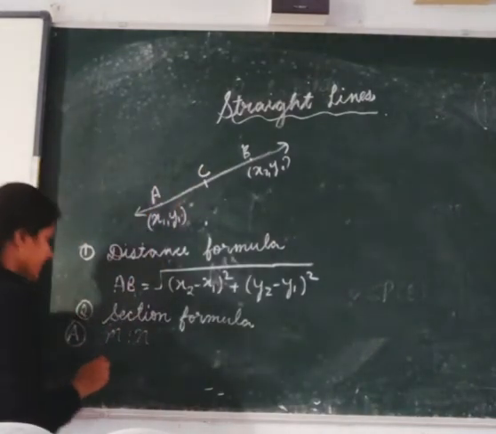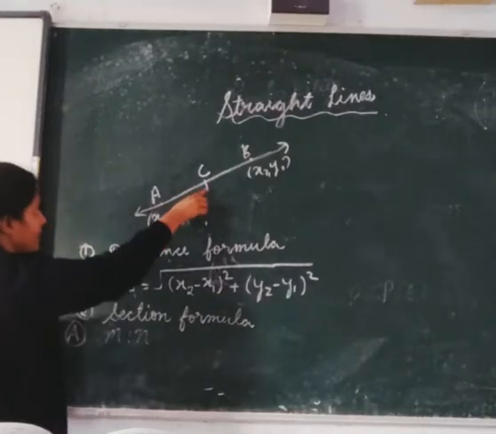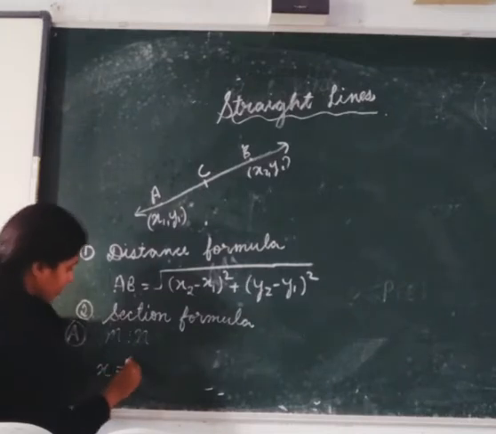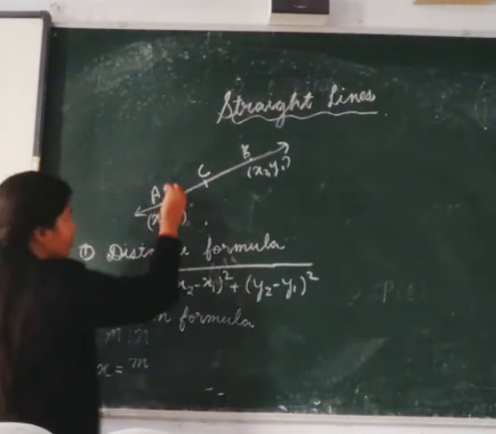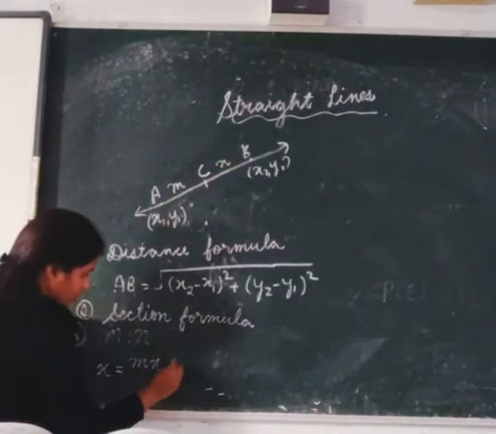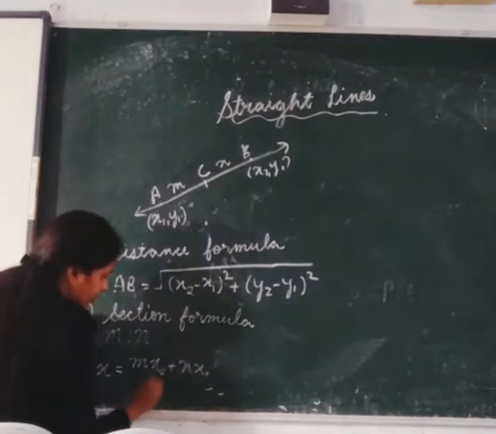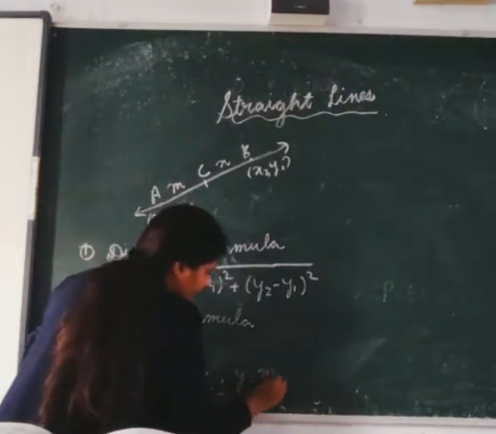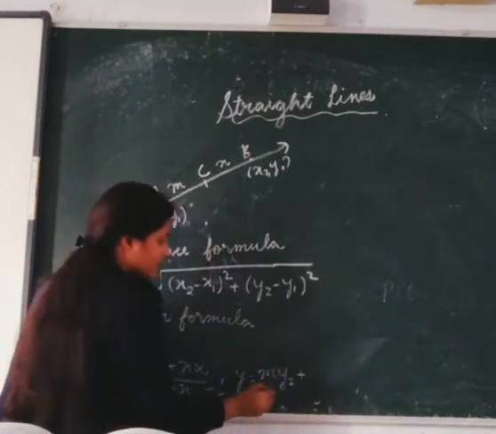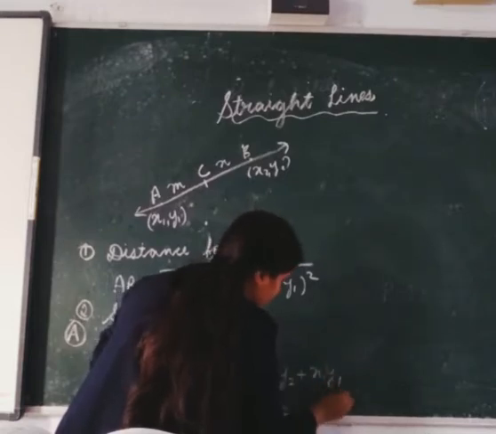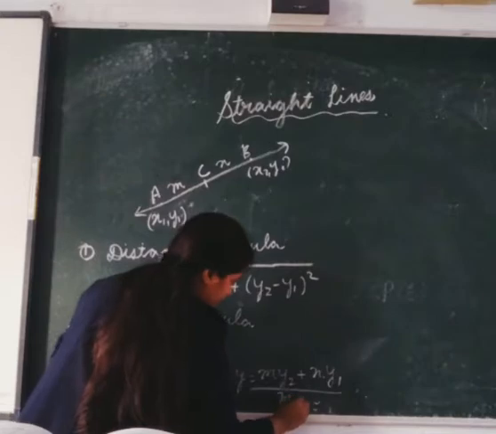So now the section formula is the coordinates of point C. Let us suppose the x coordinate is given by mx2 plus nx1 upon m plus n. This is the x coordinate, and similarly we can write the y coordinate as my2 plus ny1 upon m plus n.